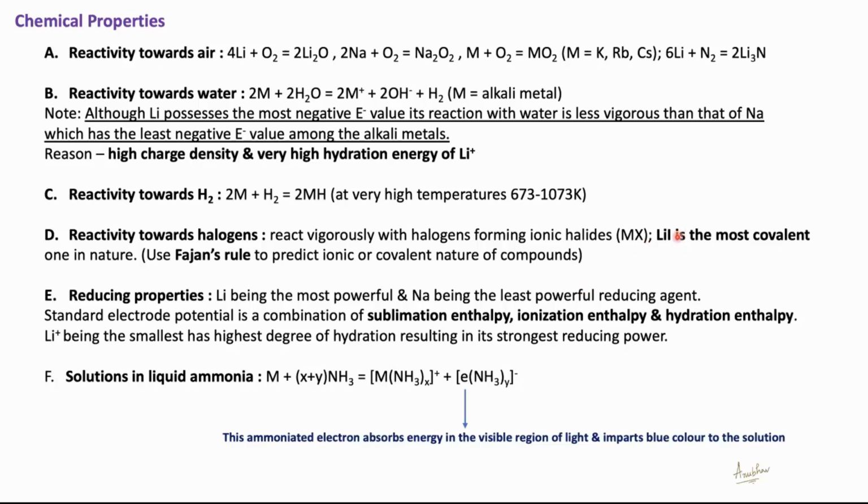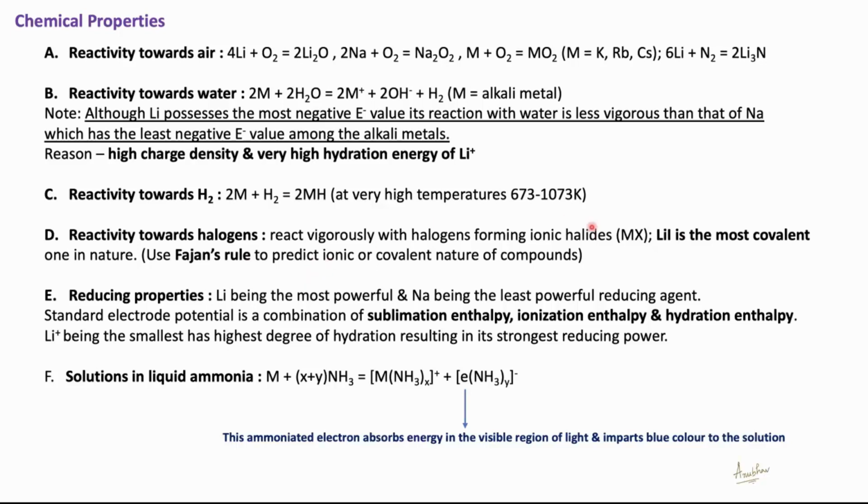In this case also, you will have to remember the concept of ionic potential. Ionic potential is one of the major concepts in the cases of alkali metals or alkaline earth metals that you have to remember. So here Fajan's rule comes into the picture. I have depicted here that Fajan's rule can help us in predicting the nature of a compound, whether it is ionic or covalent in nature.